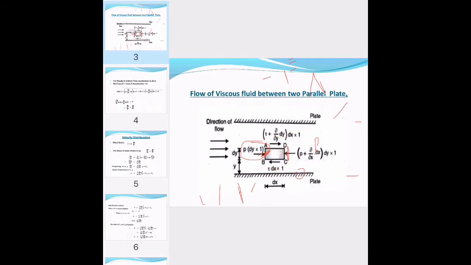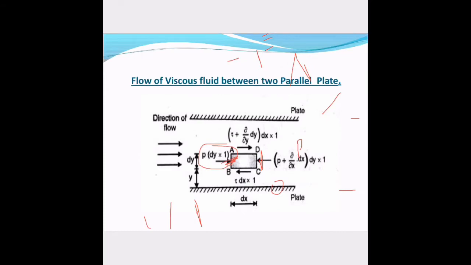This is the shear force which occurs on the wall AD: tau plus del tau by dy into dy, whole into dx into 1. And on the face BC, the shear force will be tau into del x into 1.